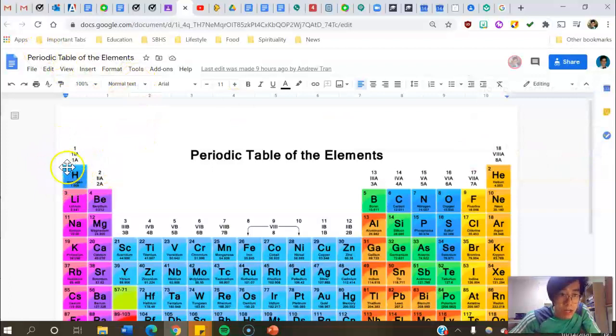Hydrogen has an atomic number of one, or one proton. Helium has two, lithium is 3, beryllium is 4, boron is 5, carbon is 6. It's all increasing by 1 as you go from left to right. So if you change the atomic number, or the number of protons of an element, you completely change the element. So atomic number tells you the number of protons.